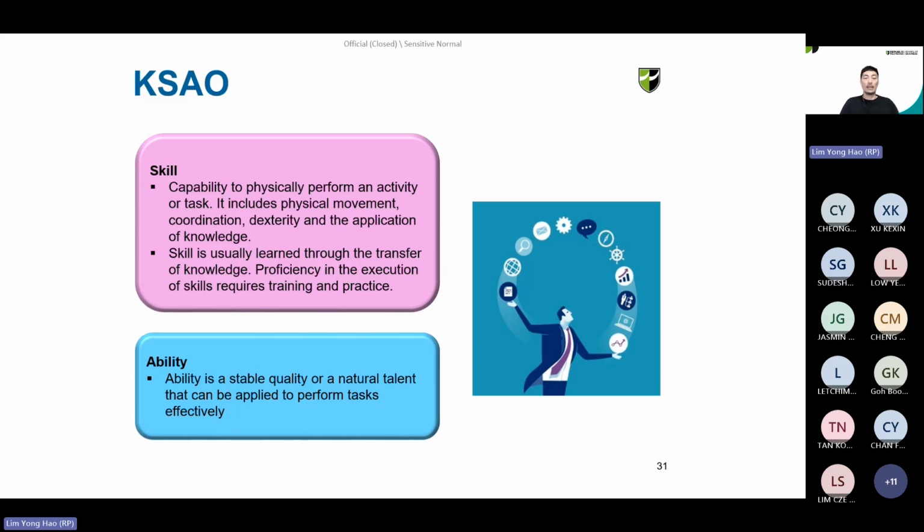Whereas skills can definitely be acquired, and sometimes they build onto each other. Certain types of ability make it easier to acquire certain types of skill, and having certain skills makes it easier for you to demonstrate certain abilities. There is a slight difference. The main distinction is that skill can be acquired. If a person doesn't have a skill at this point in time, the company or organization can invest to allow them to acquire that skill.